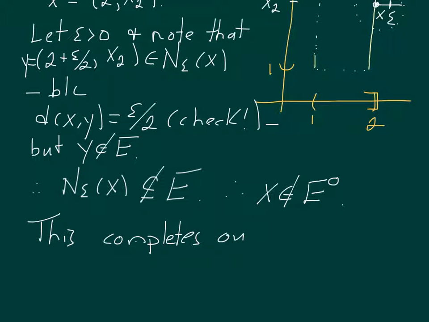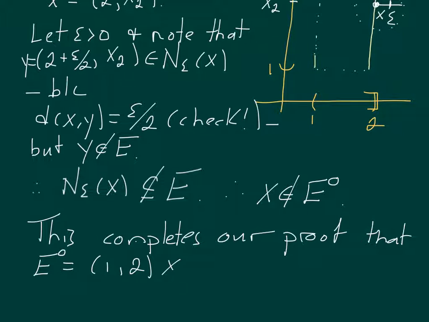So this completes our proof that the interior of E is equal to the open interval (1,2) crossed with (1,3). And we are done.